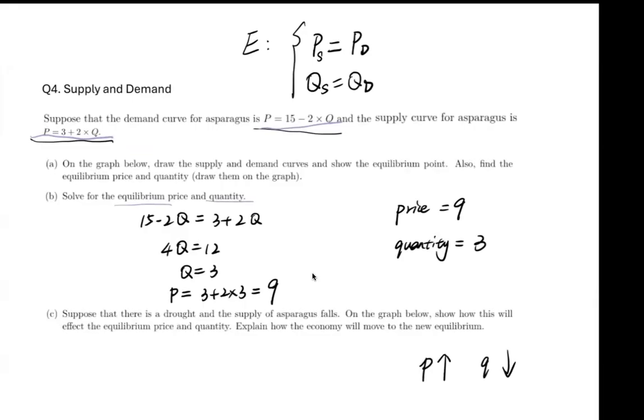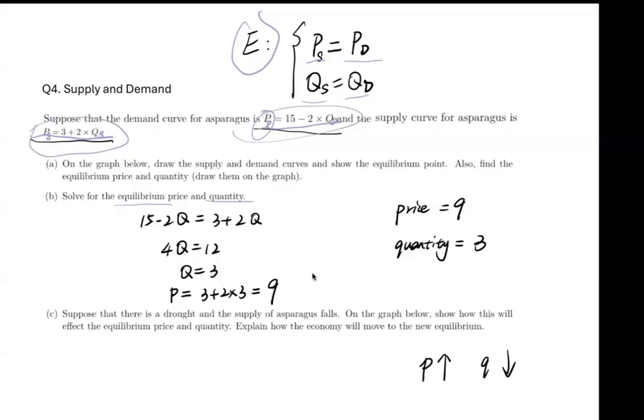Remember one rule: in equilibrium, the price supplied equals the price demanded, and quantity supplied equals quantity demanded. So you just set these two equations equal, right?